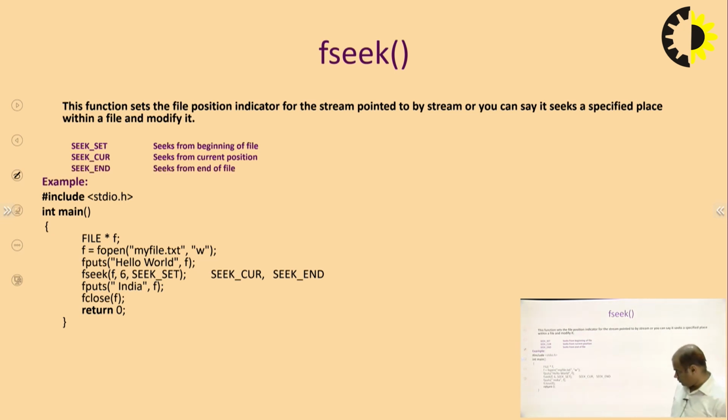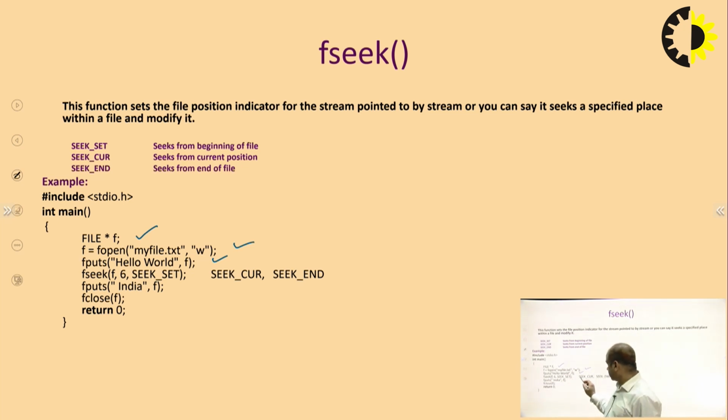So how are we going to use it? See here, we are opening a file, defining a file pointer and opening the file in write mode. Here we are using fputs hello world in that particular file, then fseek fp comma that position, and we are using SEEK_SET. SEEK_SET means the beginning of that file.